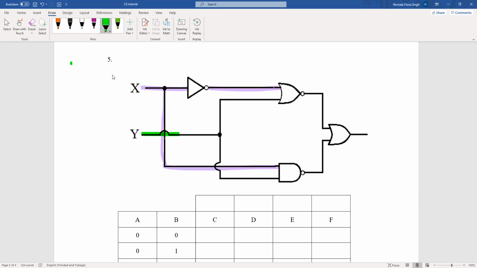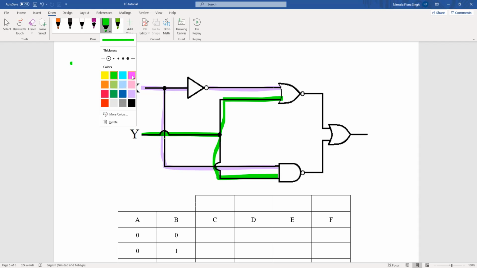But Y here is independent of X, so it's a separate wire. When Y reaches this junction, it splits up and goes into the NOR, and then into the NAND. And you combine the outputs of both of those through your OR gate to get your output.